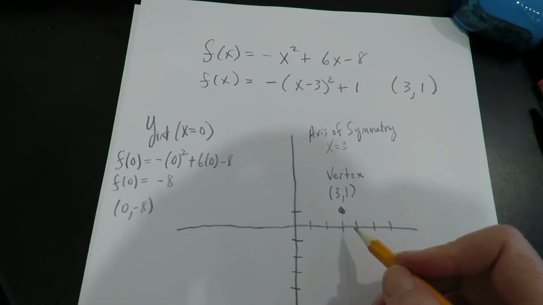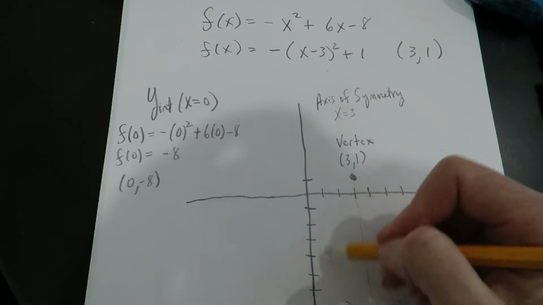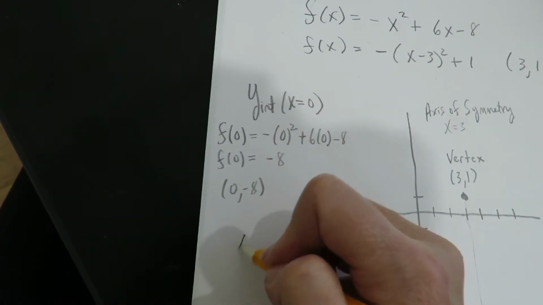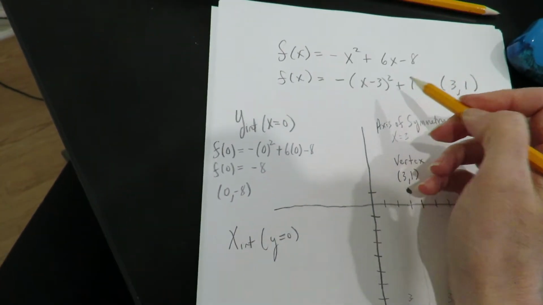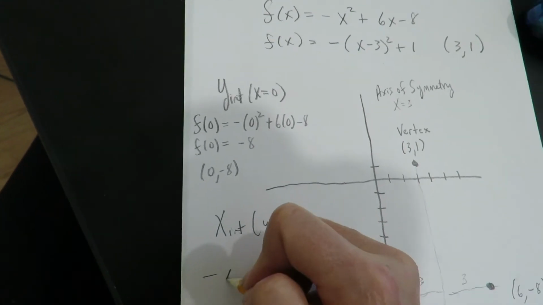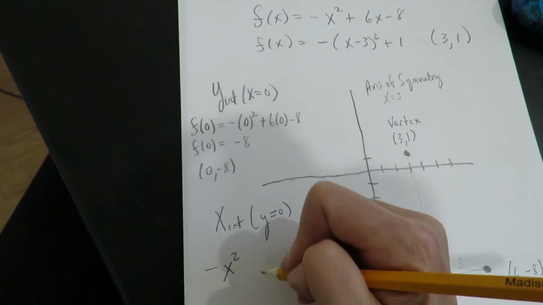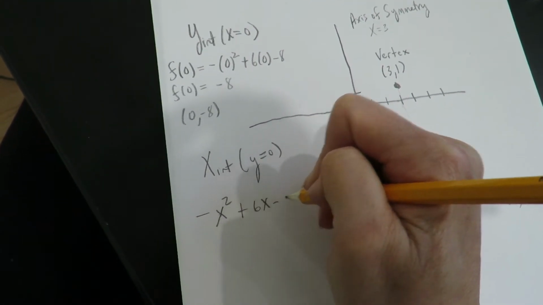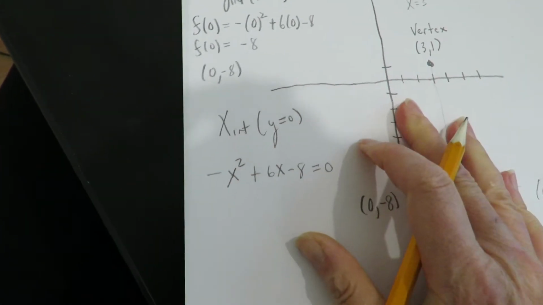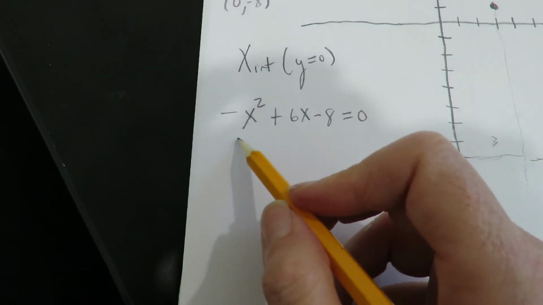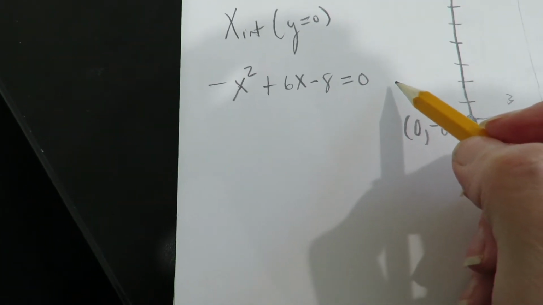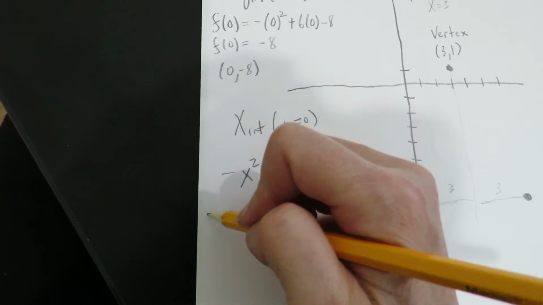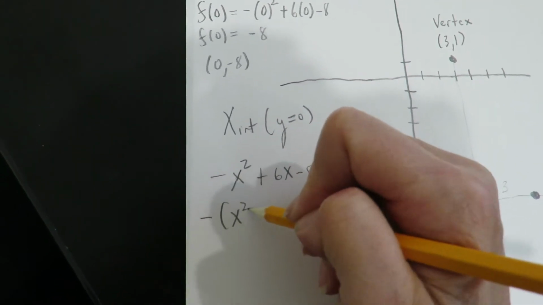All right, let's do the x-intercepts on this one. You can see it's going to cross them. Okay, so we're going to set this equal to 0. Now you don't want to factor with a lead negative, so you can either multiply by -1 to everybody, or you can factor out the -1. It's just up to you.